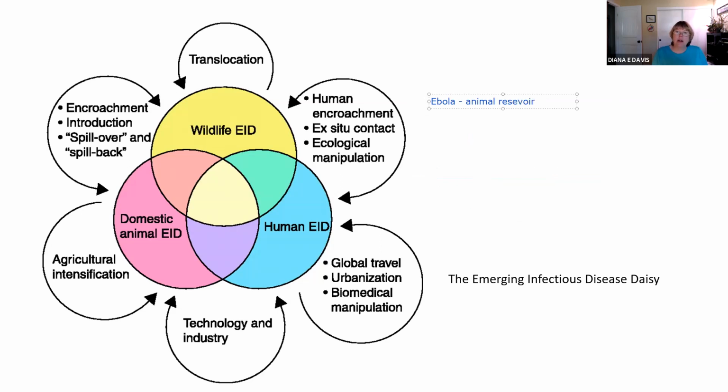A reservoir is an animal that has a disease that it's endemic in their population. And when a human is exposed to an infected animal, they get the disease.